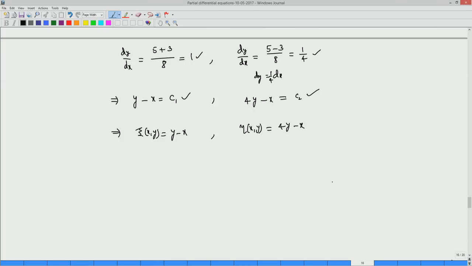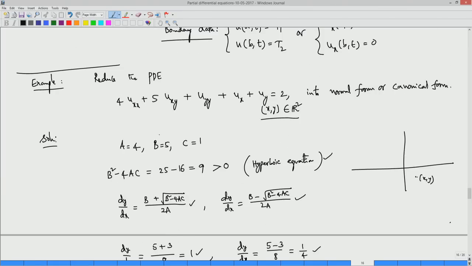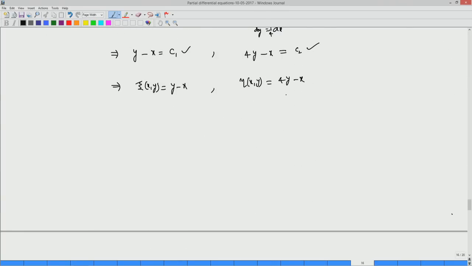Now, your equation is involving uxx, uxy, uyy, ux, uy. So, you need to find ux and uy, just like ∂u/∂x in terms of the new variables. So, ∂u/∂ξ into ∂ξ/∂x plus ∂u/∂η into ∂η/∂x.